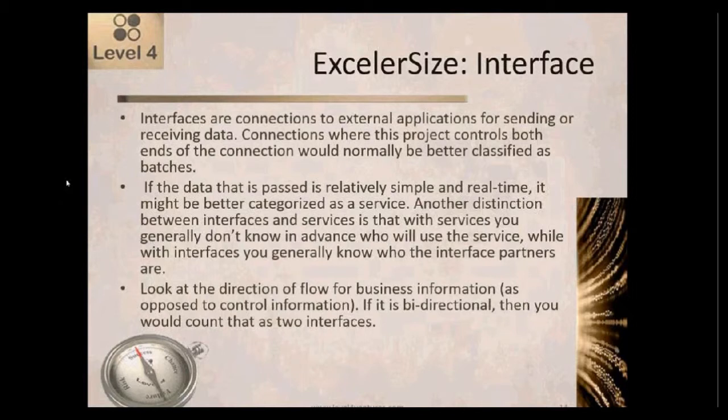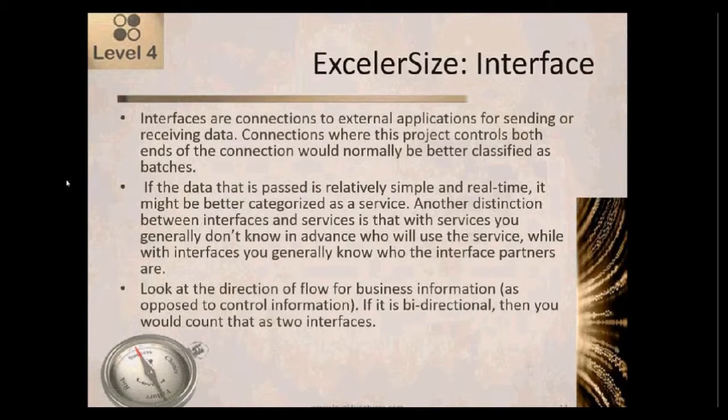If we look at the direction of flow for business information as opposed to control flow, we want to look at the direction of the flow for business information and not at control flow. If it's a bidirectional interface, then we would count it as two interfaces. Let me clarify that a little bit.